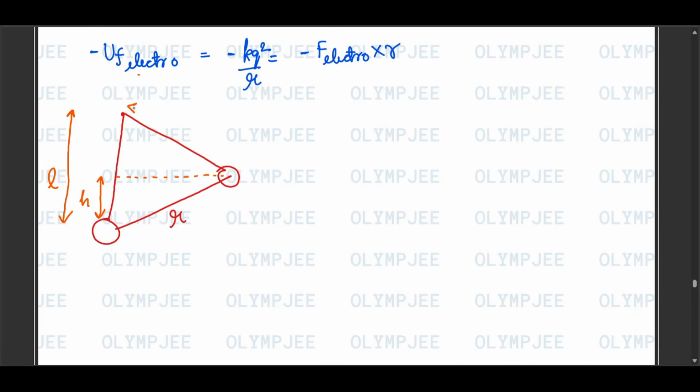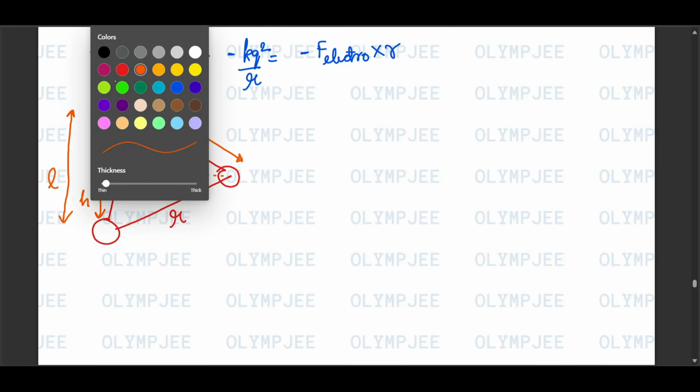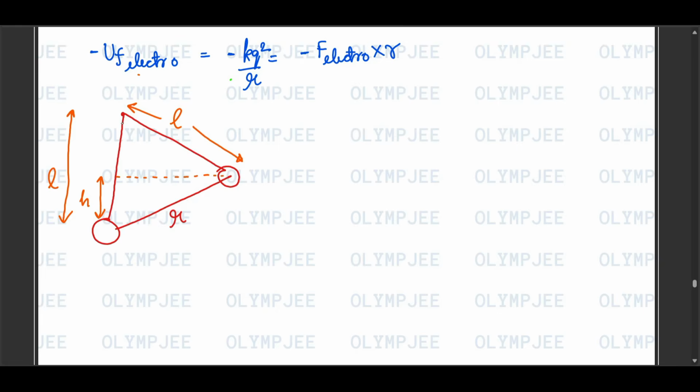This distance is also L. So now let us assume that this is theta. Since this is also L and this is also L, this triangle ABC must be an isosceles triangle. So this angle and this angle are equal. So this will come out as pi by 2 minus theta by 2, and this angle will also come out as pi by 2 minus theta by 2.